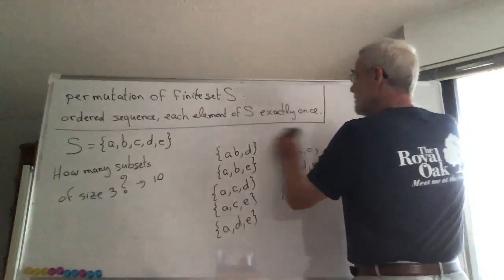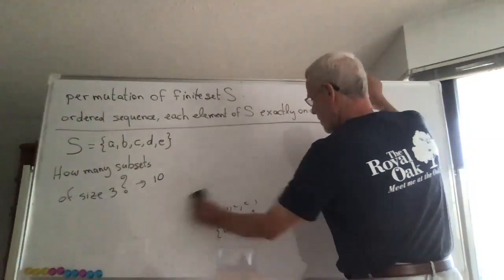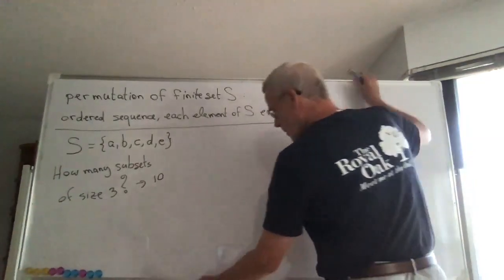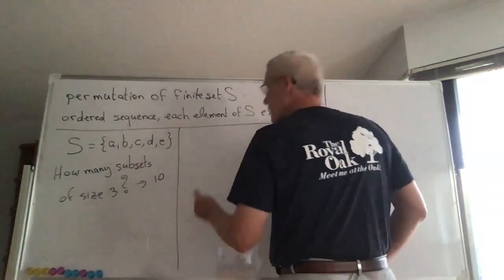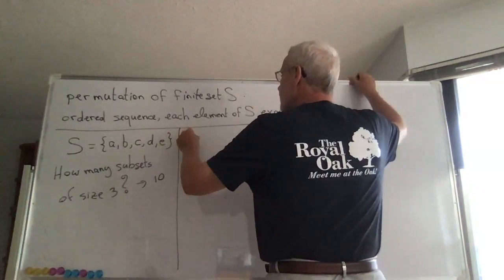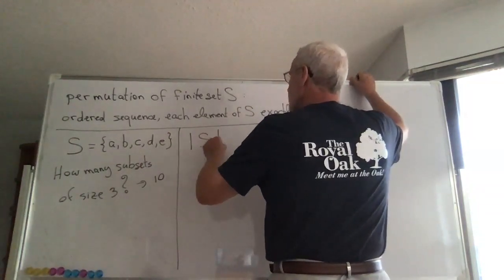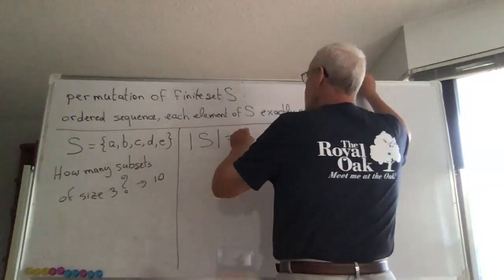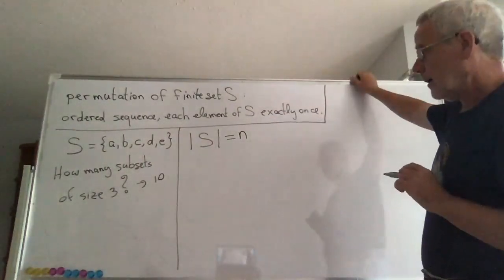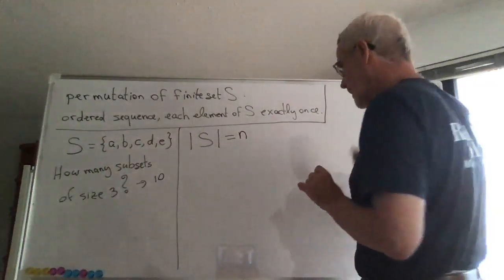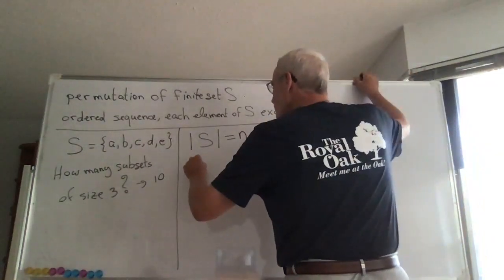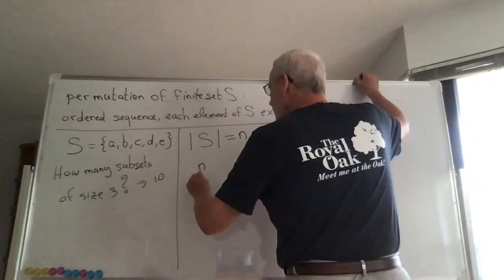Let me erase this. Okay, so in general, if we have a set of size n, and we want to know how many subsets are there of size k. We're going to use this symbol here.